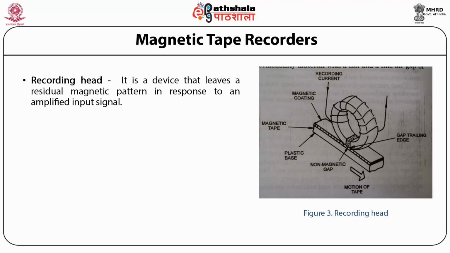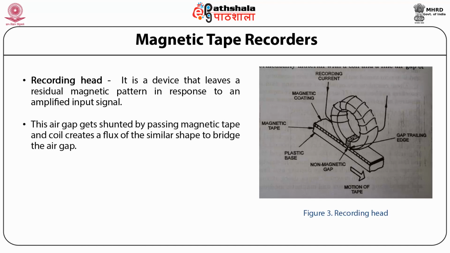Next is the recording head. It is a device that leaves a residual magnetic pattern in response to an amplified input signal. Its basic construction is shown in figure 3. It consists of a toroidal core of high permeability material with a coil and a fine air gap of 10 micron.